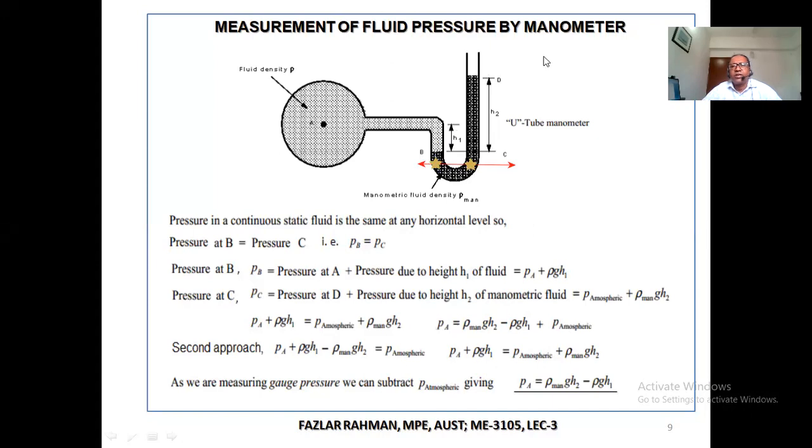Now, how much will be the pressure at point B and point C? Has to be the same or different? Anyone? They will be different because two different types of fluid are used.